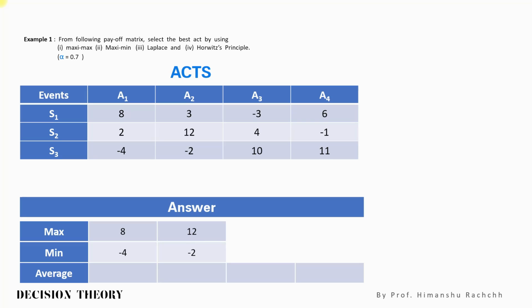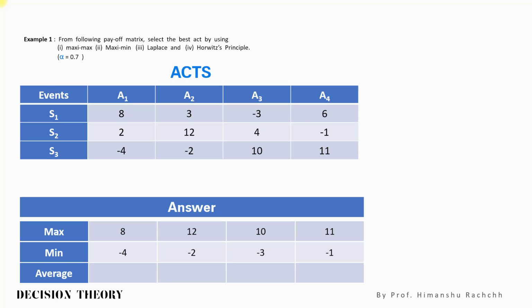For the act A3 maximum payoff is 10 and minimum payoff is -3. And for the act A4 maximum payoff is 11 and minimum payoff is -1. So we have found maximum and minimum payoff for each act.